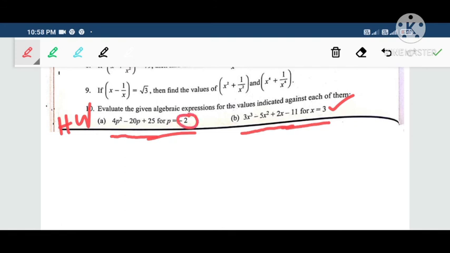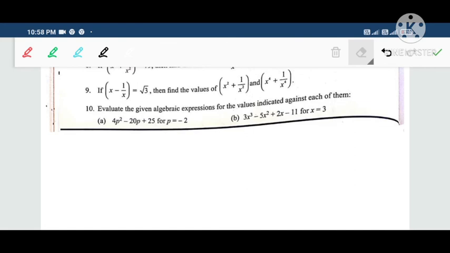If you multiply two negatives, minus into minus becomes plus. Minus into plus becomes minus. If you square a negative value, it becomes positive. Always we need to think about that.